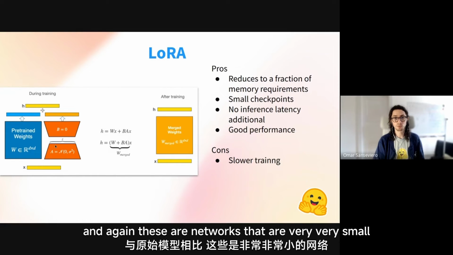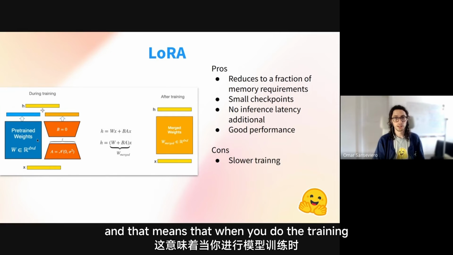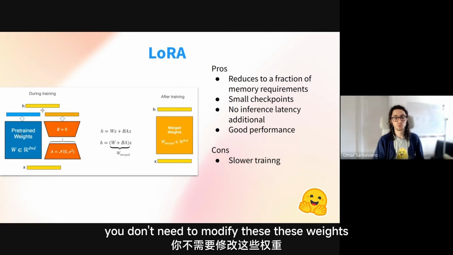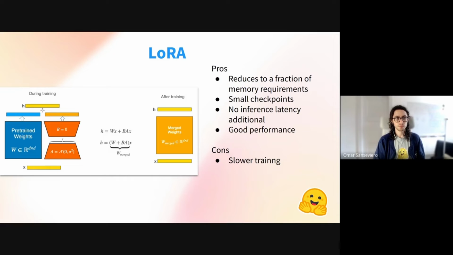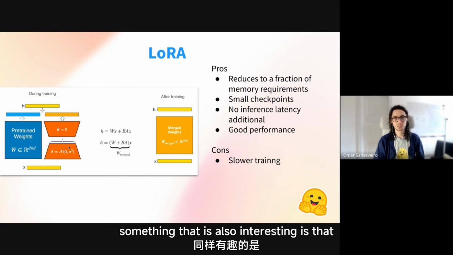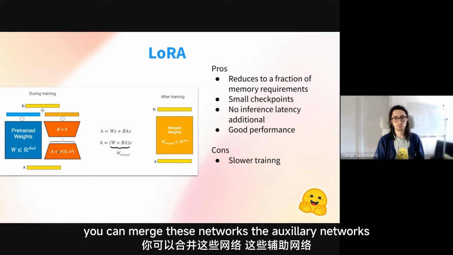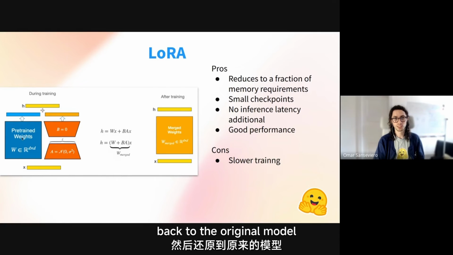And again, these are networks that are very, very small in comparison to the original model. That means that when you do the training, you don't need to be modifying these weights, which really reduces the amount of GPU you need. Something that is also interesting is that after doing the fine-tuning, you can merge these auxiliary networks back to the original model.